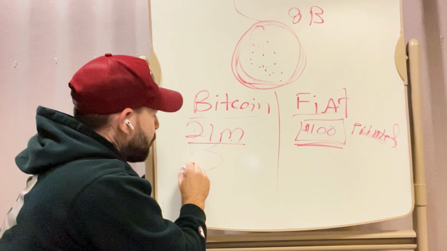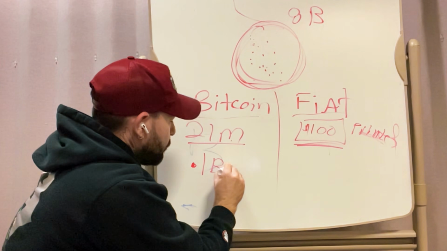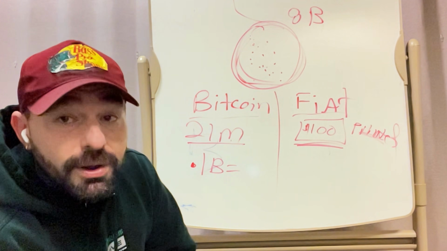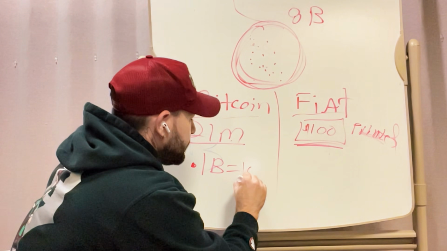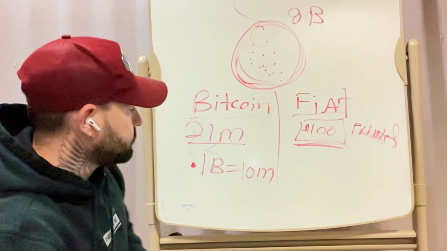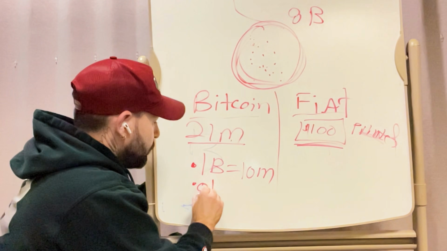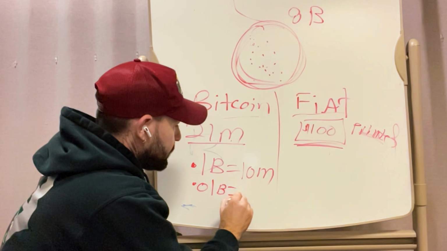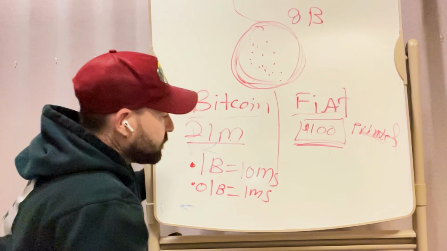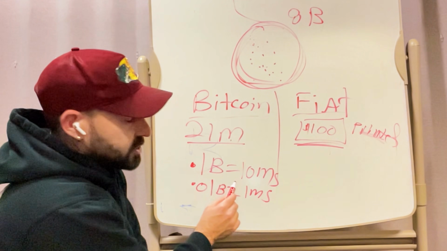Now, if we have 0.1 Bitcoin, right? That's 0.1 B. So 0.1 Bitcoin represents 10 million Satoshis. Okay? Now, 0.01 Bitcoin equals 1 million Satoshis. I'll put an S. So 10 million Satoshis is 0.1.